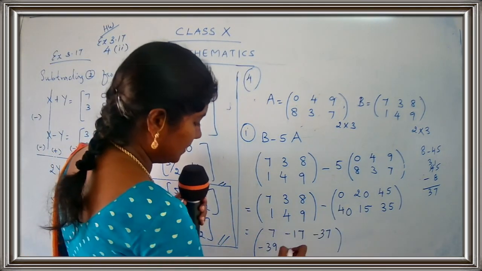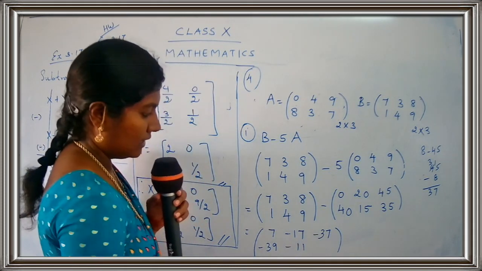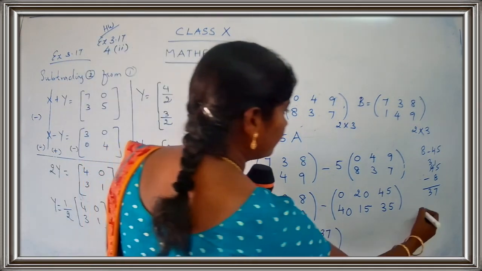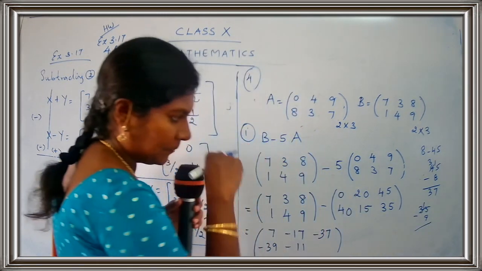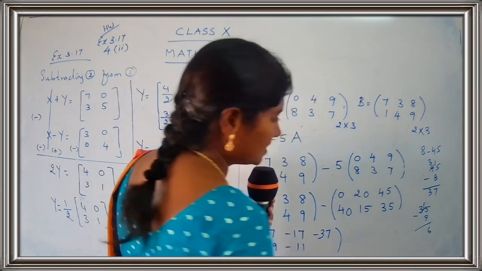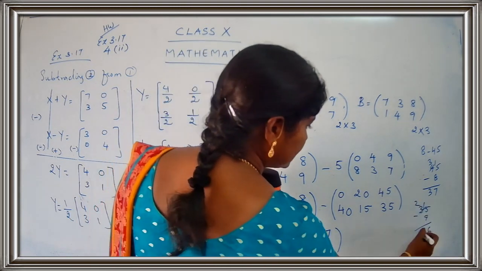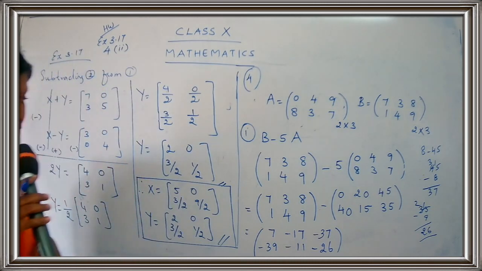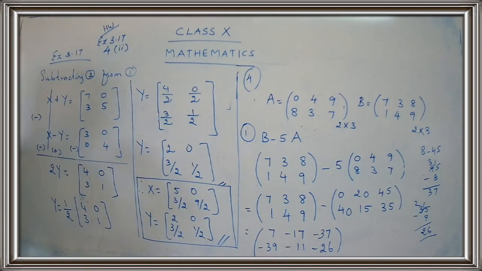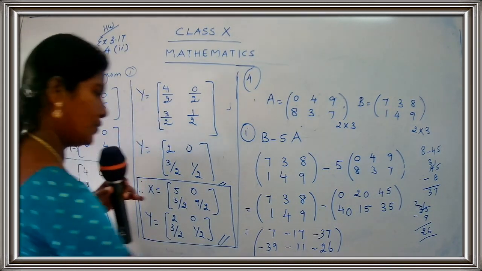So sign of the bigger number is minus. So minus 11. 9 minus 35. 6. Yes. 9 plus 6, 15. 2, 26. So minus 26. 9 minus 35. So again sign of the bigger number is minus. So you get the answer minus 26.